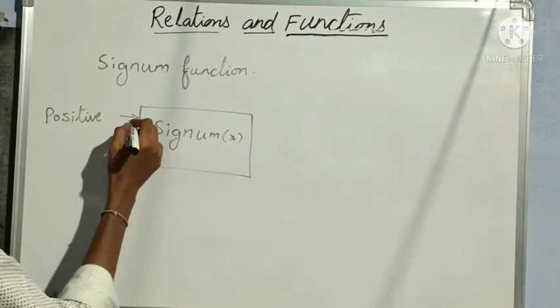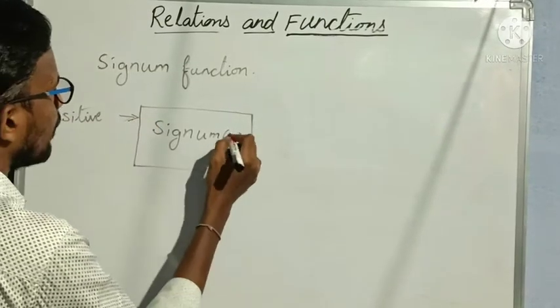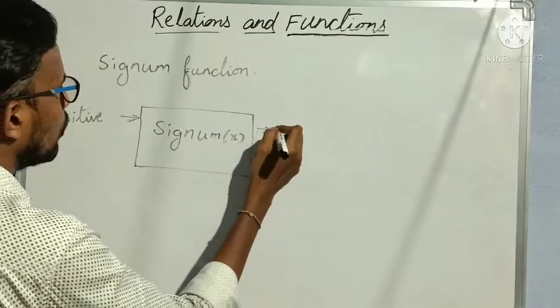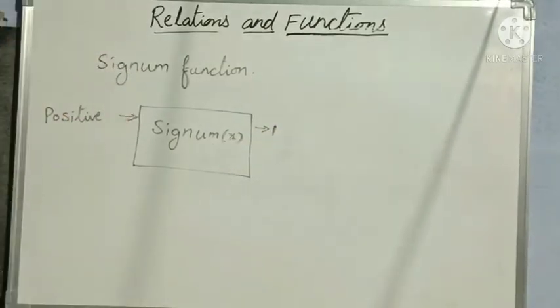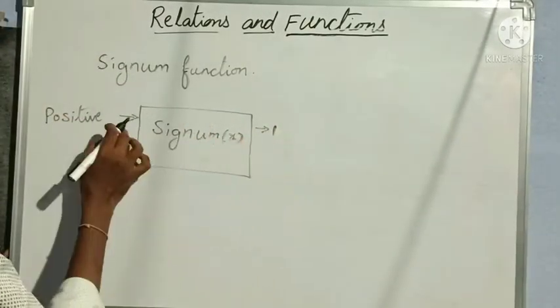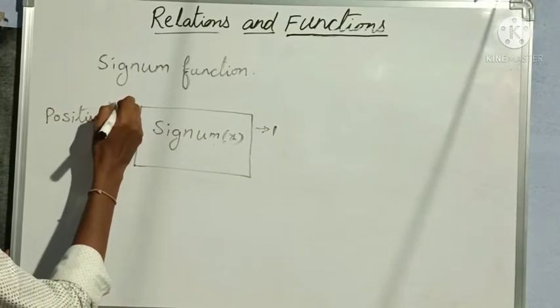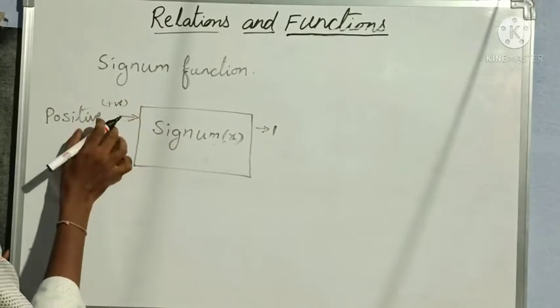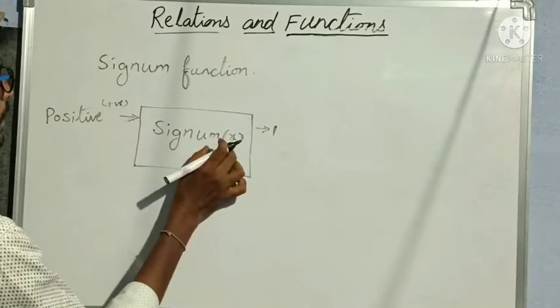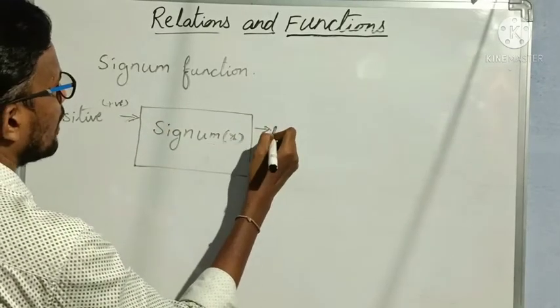For any positive value of x that we give as input, if we take the signum of that positive value, we get the output 1. Whatever positive value of x we give, the value of y will always be 1.